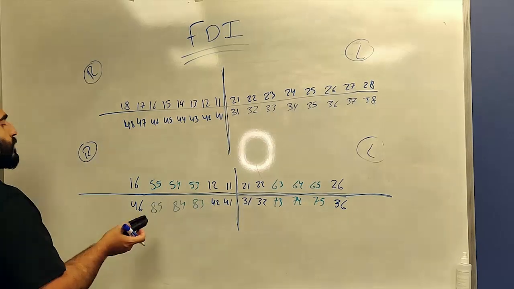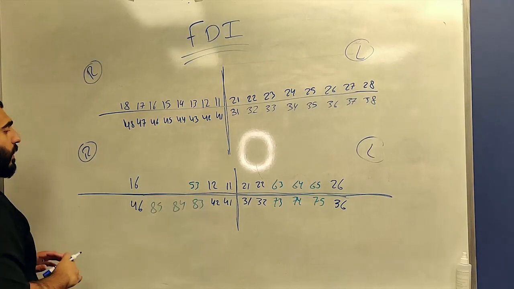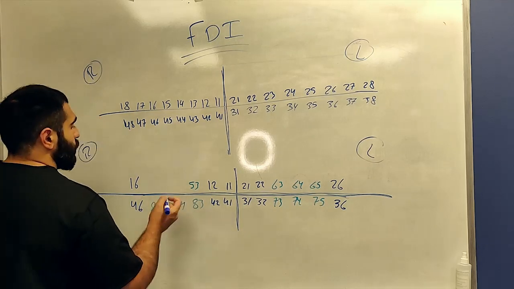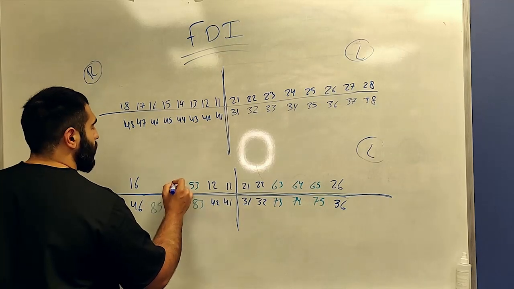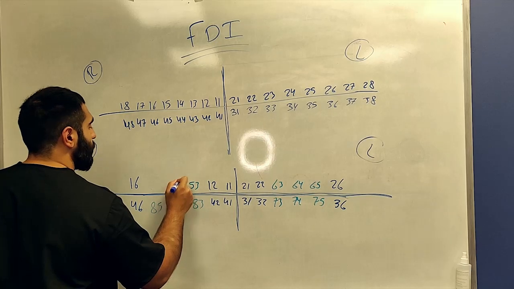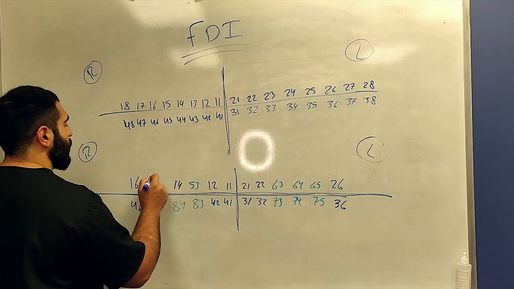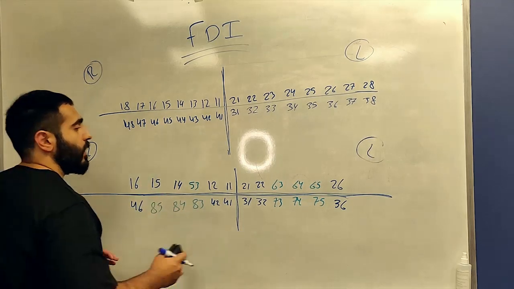Your primary molars get changed to permanent premolars. So 5-4 becomes 1-4, and 5-5 becomes 1-5.